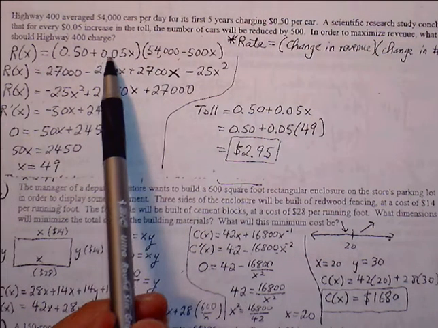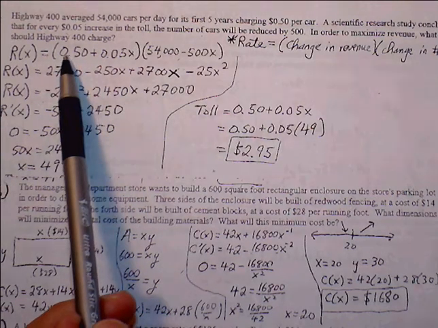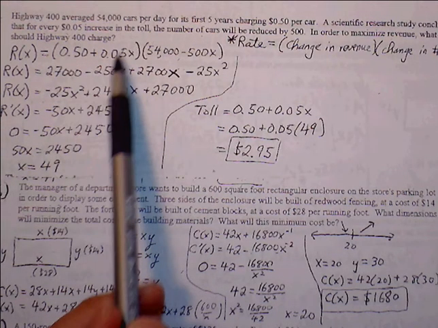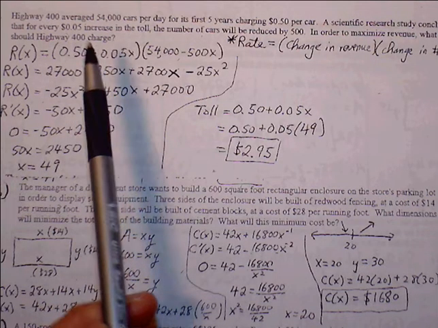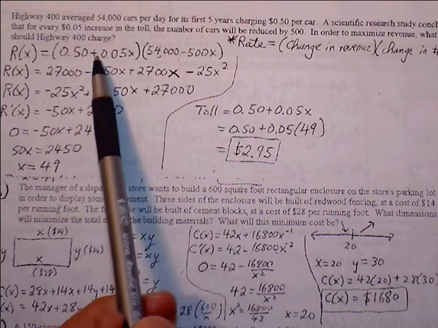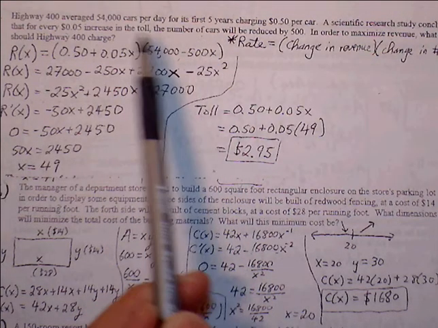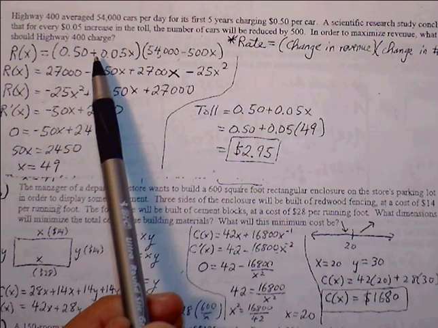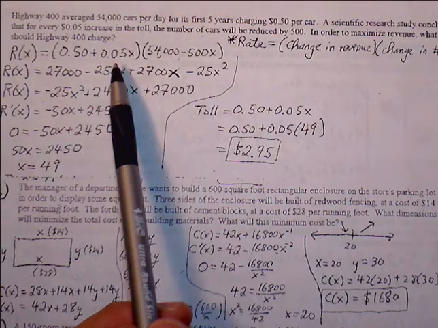So the idea here is that obviously if you charge more per car, then potentially you're going to increase your revenue. However, if you keep charging too much, then you're losing business along the way, even though you're getting more toll amount from each car.